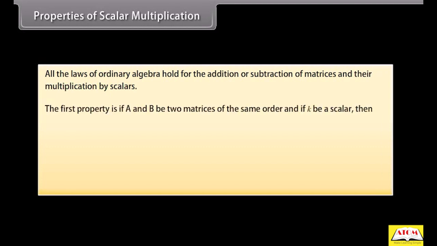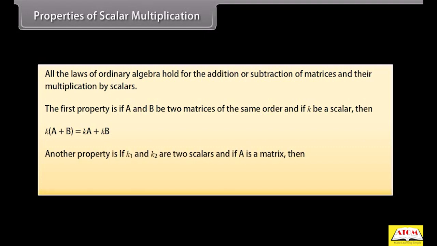The first property is, if A and B are two matrices of the same order and K is a scalar, then K into (A plus B) is equal to K into A plus K into B. Another property is, if K1 and K2 are two scalars and A is a matrix, then (K1 plus K2) into A is equal to K1 into A plus K2 into A, and K1 into (K2 A) is equal to K2 into (K1 A).